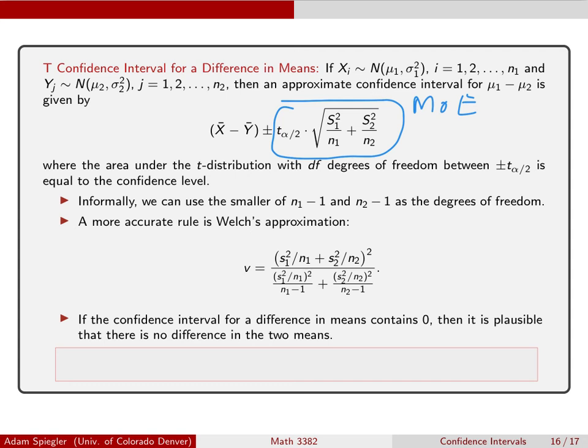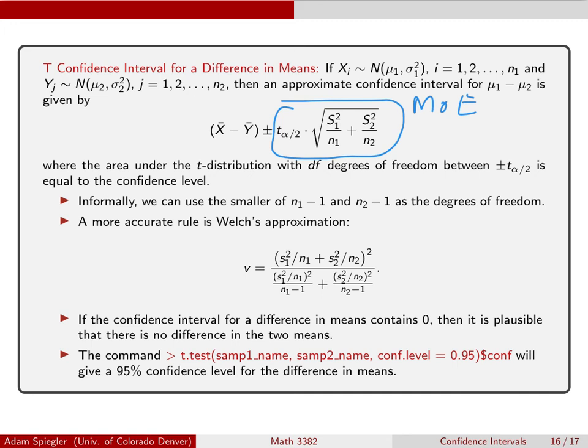If the value 0 is inside of our confidence interval, then that would be a plausible value for the difference. So in other words, when 0 is inside of our confidence interval, we can't be certain that there is a difference between these two means. If our confidence interval contains only positive values or only negative values, then that gives us a pretty good indication that there is a difference between these two population means.